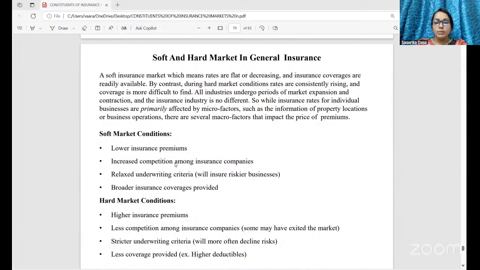In a soft market the competition will be very high and in a hard market the competition will be very less because the premium payments are high. The underwriting criteria will be very low in a soft market, whereas in a hard market it will be very high. And in a soft market, the insurance coverage will be broader, whereas in a hard market, insurance coverage will be very less. That leads to higher deductibles. This is about soft market and hard market in the general insurance business.